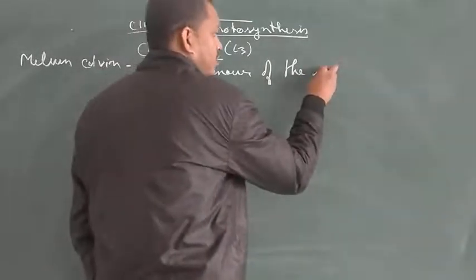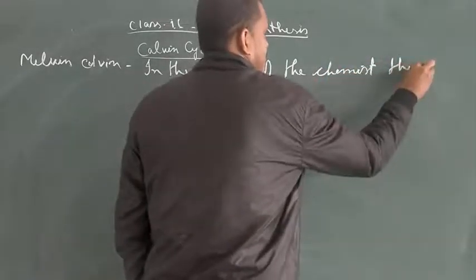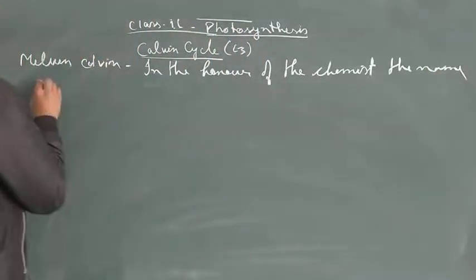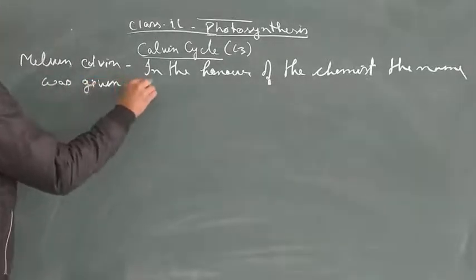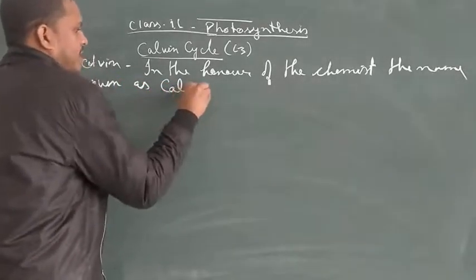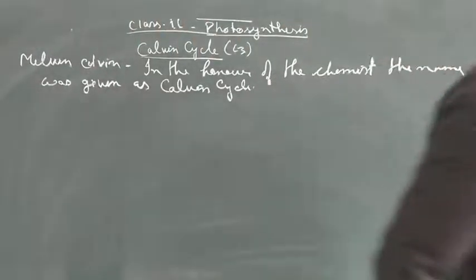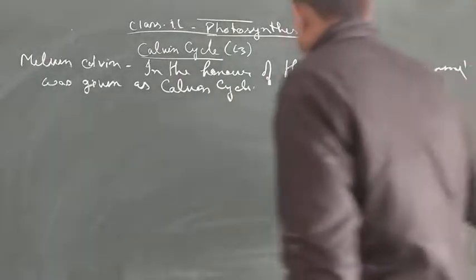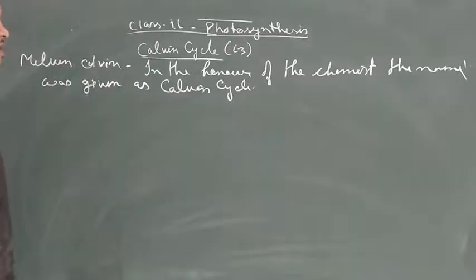So in honor of the chemist, the name was given as Calvin cycle. In the honor of the scientist or chemist, the name was given as Melvin Calvin.